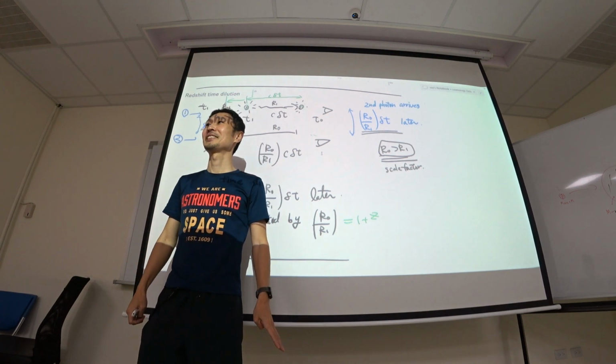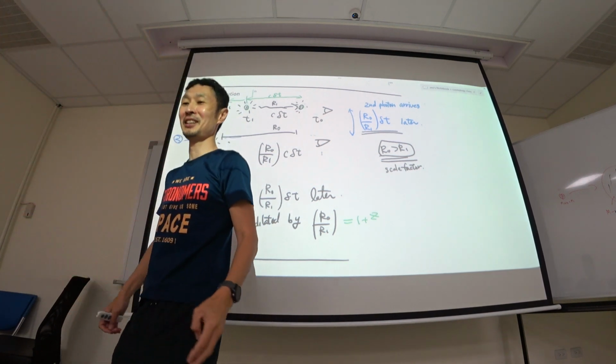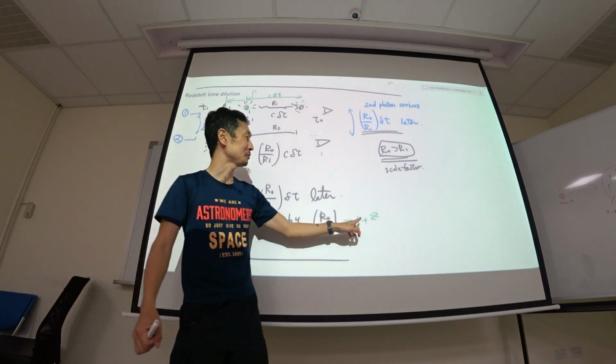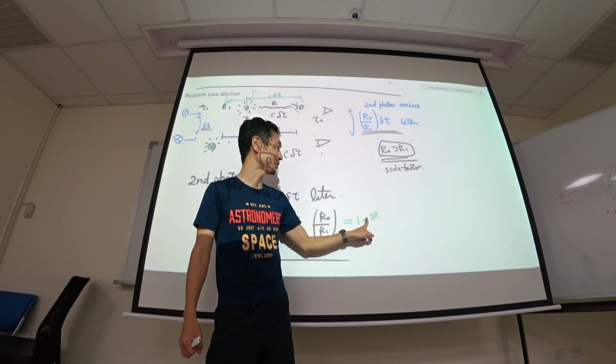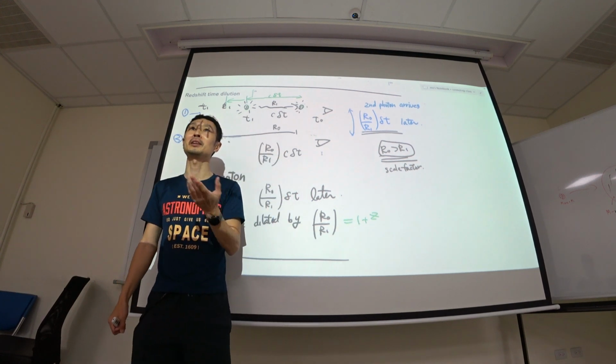Yes. Who said? Oh, Jamie? Okay, good. Thank you, Jamie. Yes, that's right. If redshift is 1, you get 1 plus 1, 2, right? So a factor of 2 larger, right?